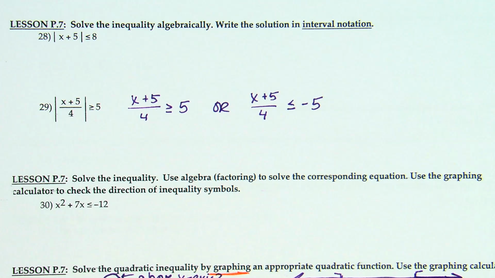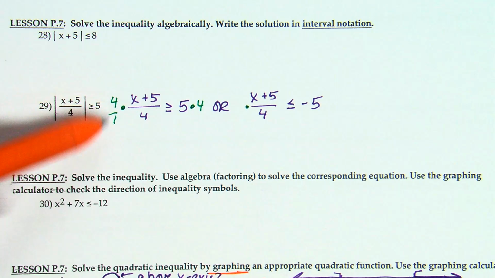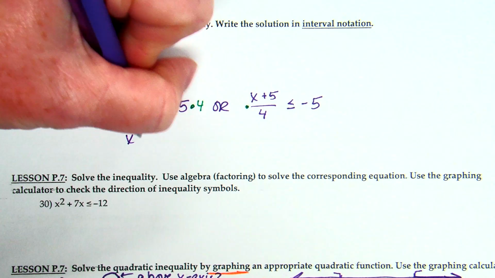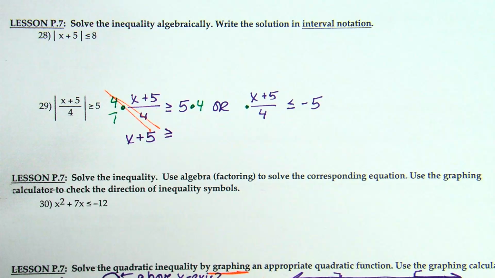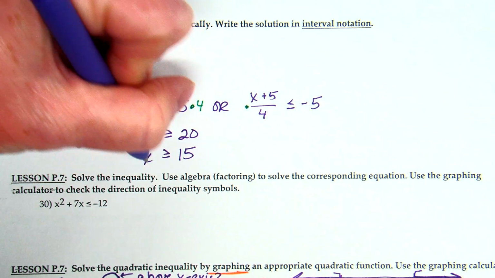Multiply by 4, and that's on both sides. On the left, when you multiply by 4, it's like 4 over 1, x plus 5 over 4, so the 4s will cancel. And you have x plus 5 greater than or equal to 20. Subtract the 5, x greater than or equal to 15.